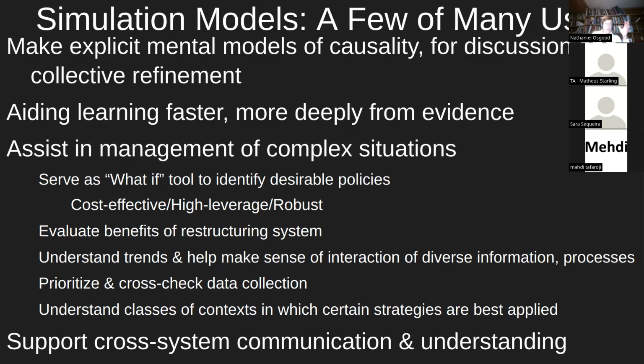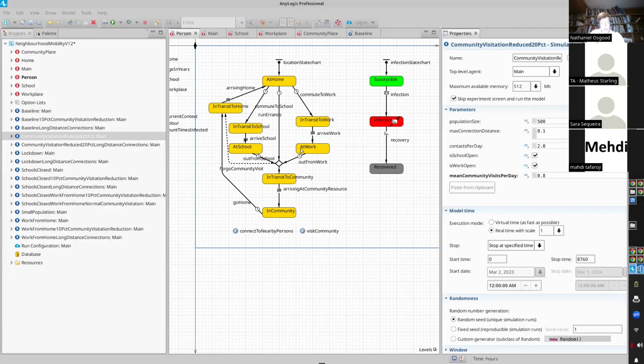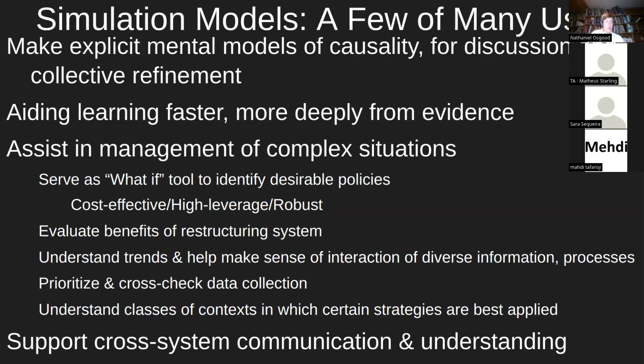They capture our models of causality. They aid faster learning and more deeply from evidence by allowing us to challenge our understanding of what might be causing the system and test the degree to which our posited understanding, our hypothesis, is consistent with the evidence. Does it yield behavior consistent with the evidence when we enact it?